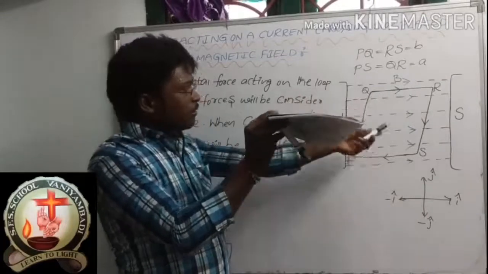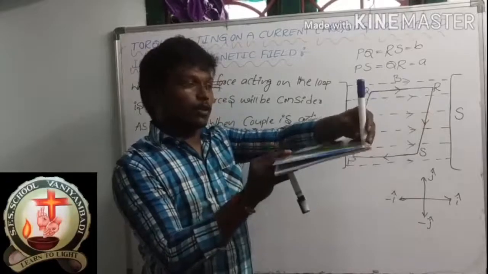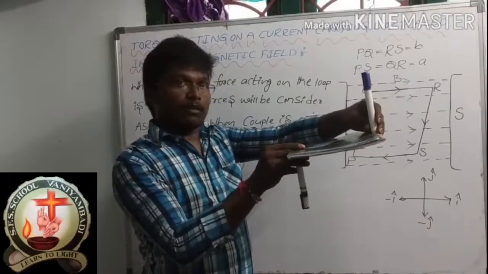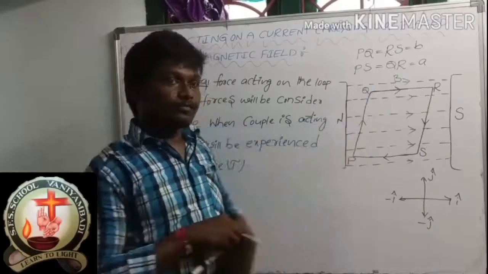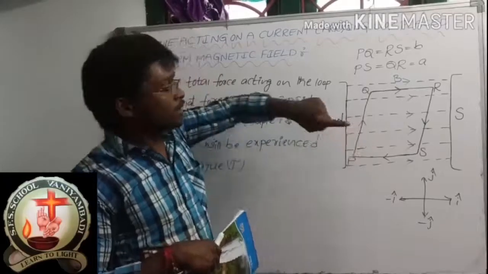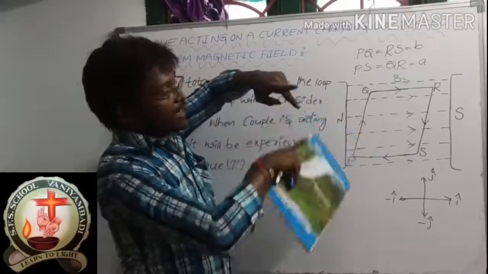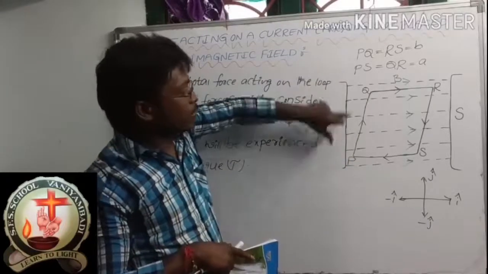And what is the direction of the force acting on RS? Top. I already explained. This is the magnetic field direction, this is the current direction. So what direction is the force showing? Downside. So that is PQ.